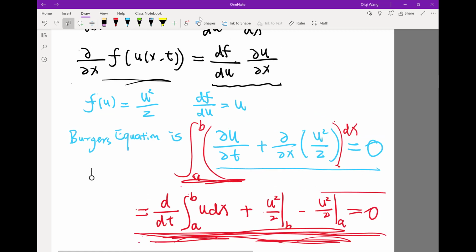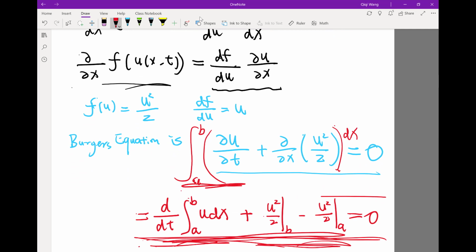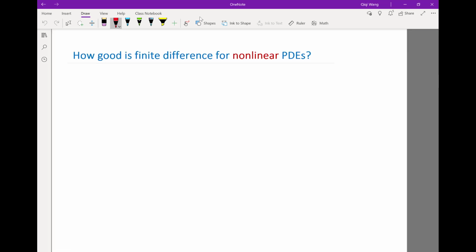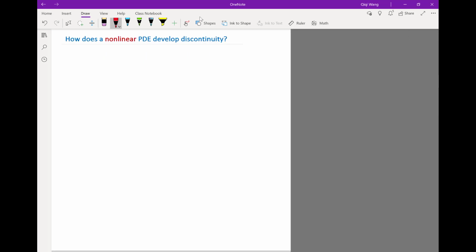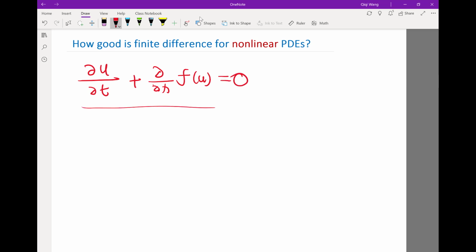But I can do this as soon as I can write a partial differential equation in the blue form. As long as I can write it in that form, I can just integrate it. Specifically, let's write it down. The most general form of differential equation where I can do this is du/dt plus d/dx of not u, but a function of u, equal to 0.